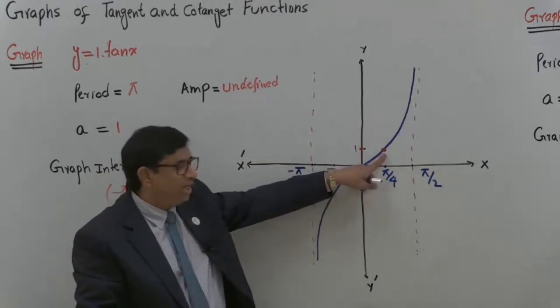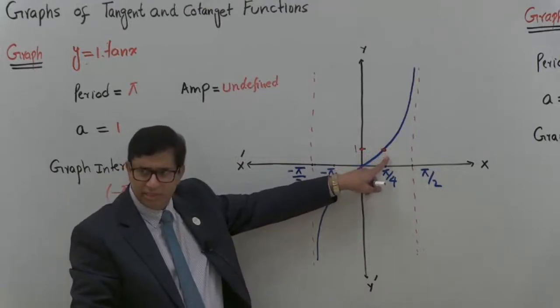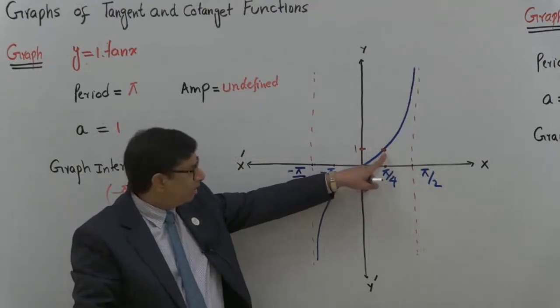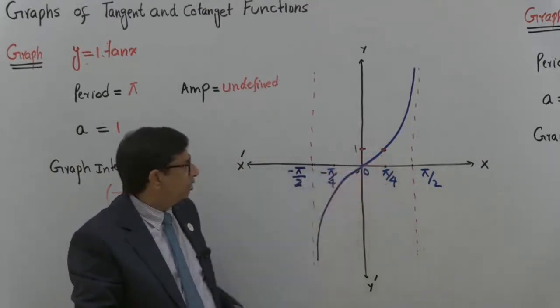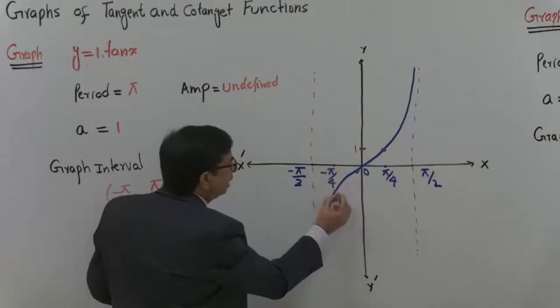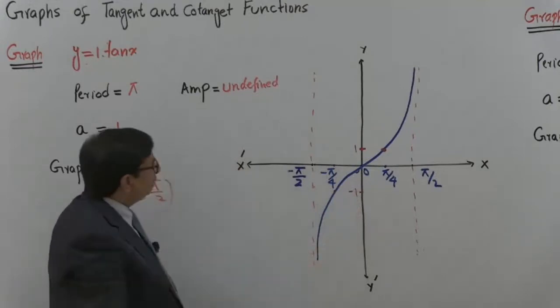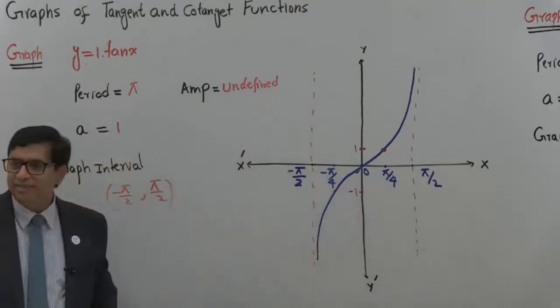This is basically the point of inflection. At this point the graph changes its concavity, but we are not discussing this in detail. Only consider this point over here. And the same thing is over here. If you take this point, against this you take the value over here, negative 1. So this is the graph for y equals tangent x.